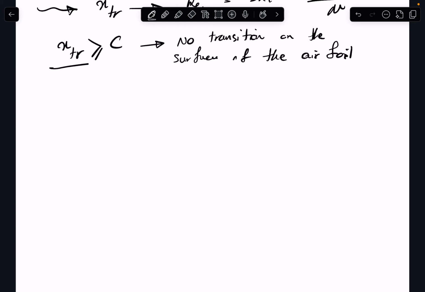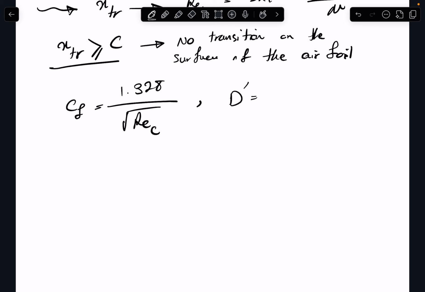And if this is true, then we can just solve this whole flow as a laminar flow. We have to use the laminar equation for friction coefficient, which is CF equal to 1.328 divided by the square root of Reynolds number at the trailing edge. Then using this, we can find drag per span by multiplying this laminar CF by the dynamic pressure multiplied by the length of the plates.